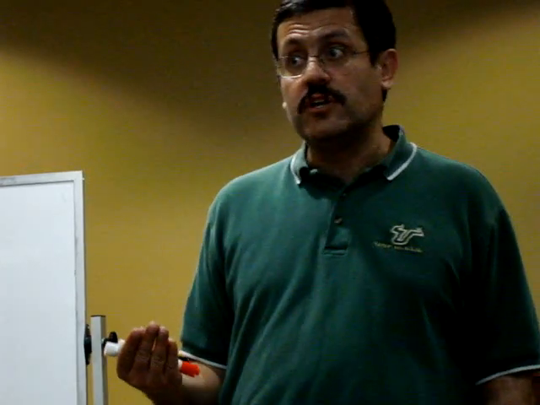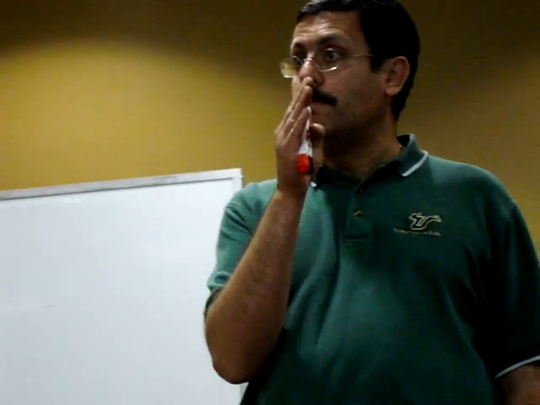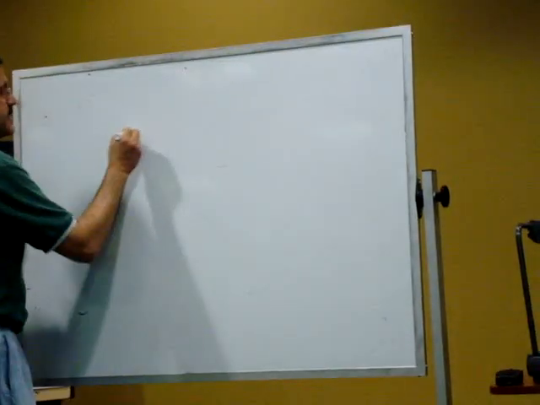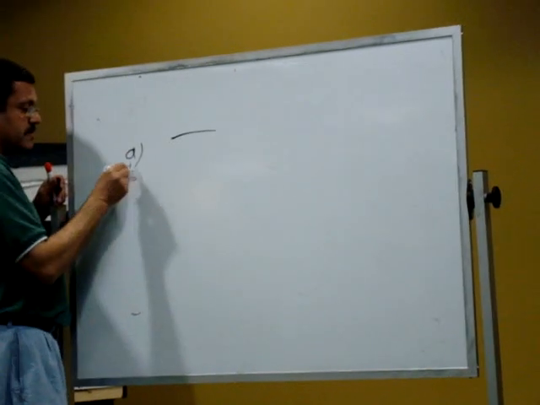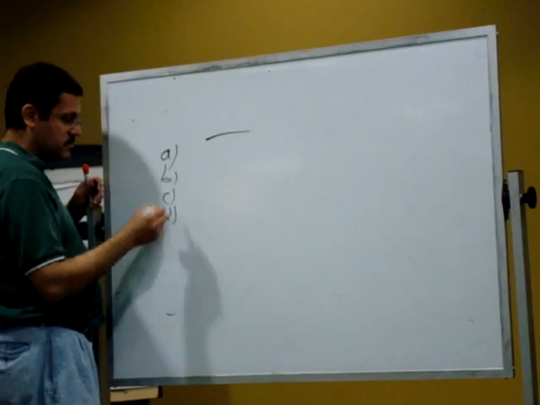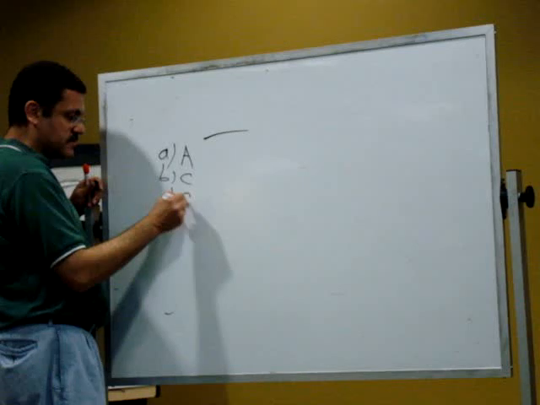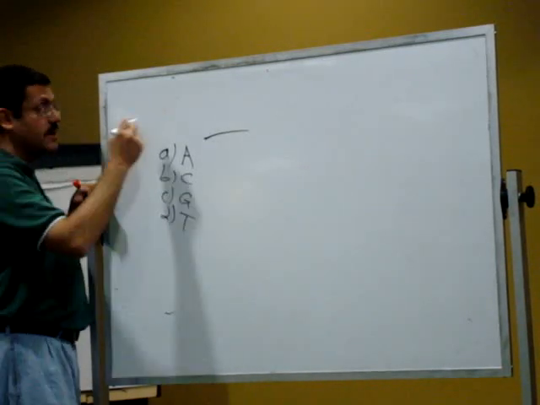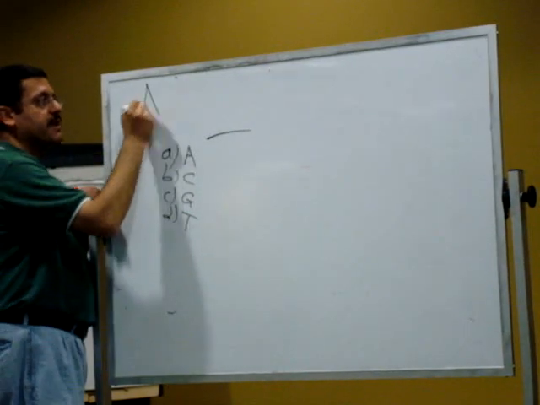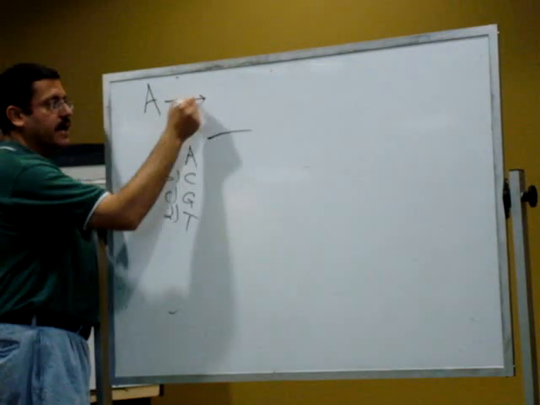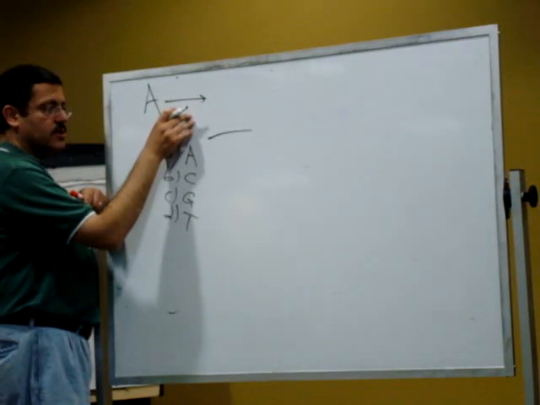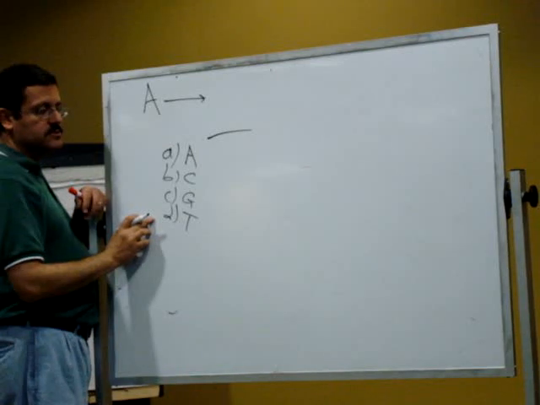If it's a transition, it will go from, in fact, let's start with this way. It's a fill in the blank. Actually, it's not fill in the blank here. These are my bases, at least DNA bases. So here's my question. I have an A, and I know it's a transition. Which one of these results?